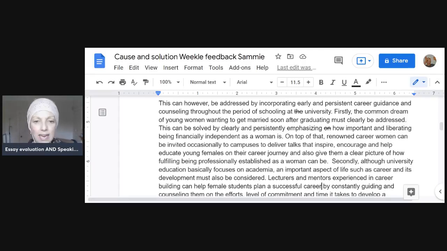Okay, this can, however, be addressed by incorporating early and persistent career guidance and counselling throughout the period of schooling at university. Firstly, the common dream of women wanting to get married soon must clearly be addressed. This can be solved by, I would actually delete that.